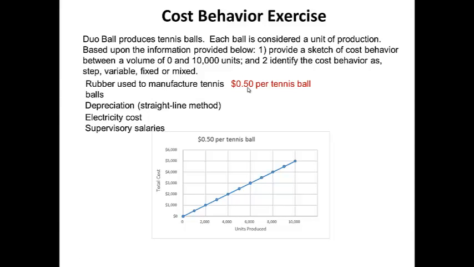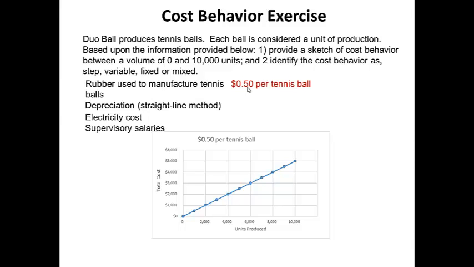We start out, if we produce 0 units, there is 0 cost. And as we produce additional units, there's an additional 50 cents with each unit that is produced. So we get to 2,000 units, and 2,000 units times 50 cents a ball is 1,000. We go to 4,000 units, 50 cents a ball is 2,000. 6,000 units, 50 cents a ball is 3,000, and so on.